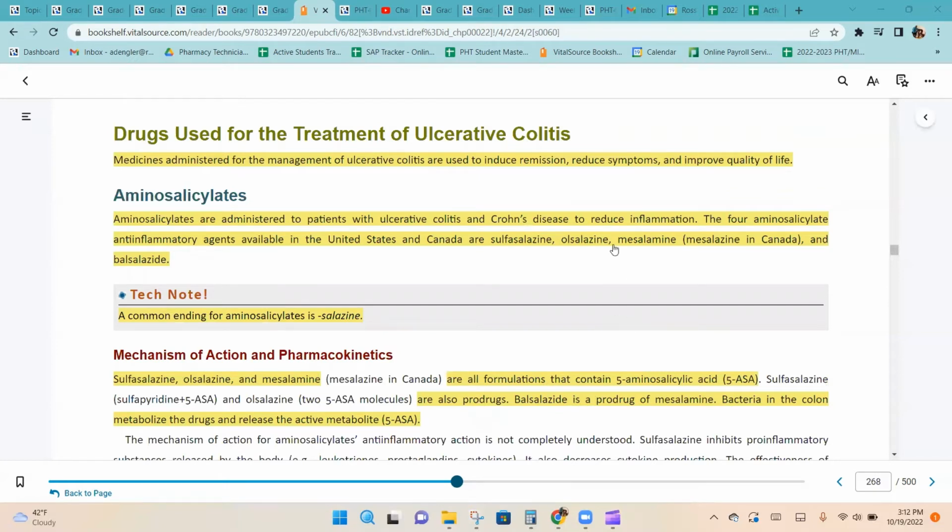Medications administered for the treatment of ulcerative colitis are used to induce remission, reduce symptoms, and improve quality of life. Aminosalicylates are administered to patients with ulcerative colitis and Crohn's disease to reduce inflammation. The 4 aminosalicylate anti-inflammatory agents available are sulfasalazine, olsalazine, mesalamine, and balsalazide.